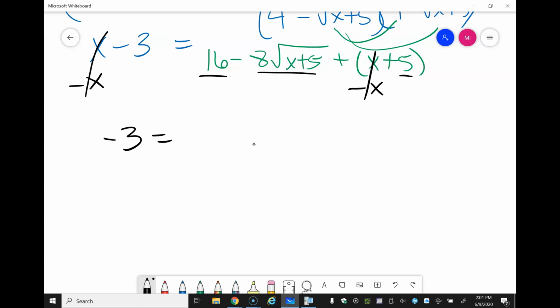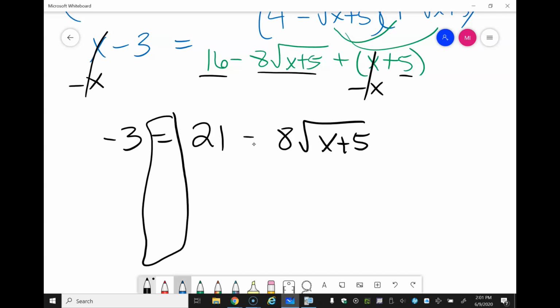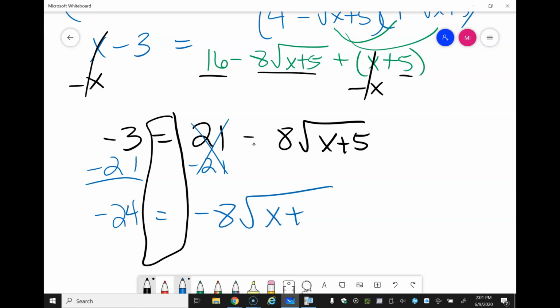This 16 and this 5 over here gives us 21 minus 8 square root of x plus 5. I take the minus 21 over. That gives me negative 24 is equal to minus 8 square root of x plus 5.